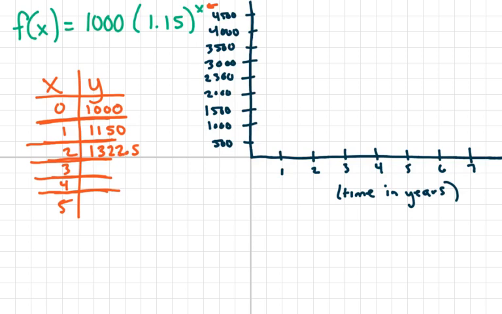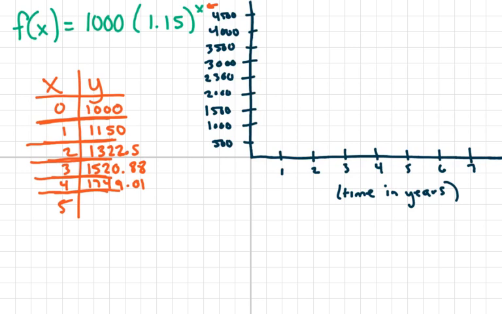Then I'm going to plug in a 3, repeating the same process: 1.15 to the third power, and then multiply that by 1,000. This one I do get 3 decimal places, so I'm going to round to 2 decimal places, and I get 1520.88. Then I'm going to raise to the 4th power, so 1.15 to the 4th power times 1,000, which is 1749.01.